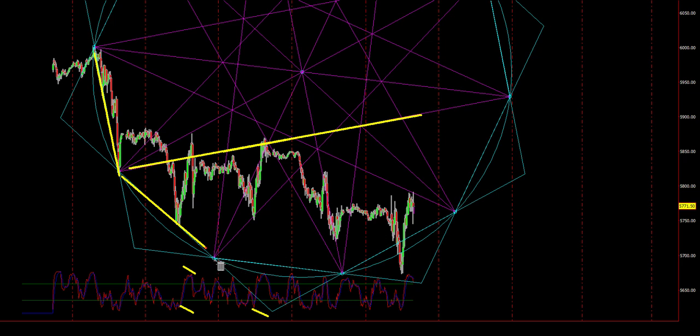From this point, market came, retested, came down.